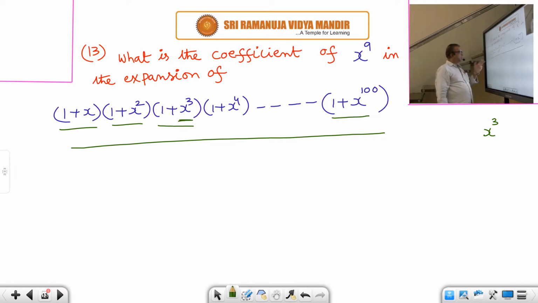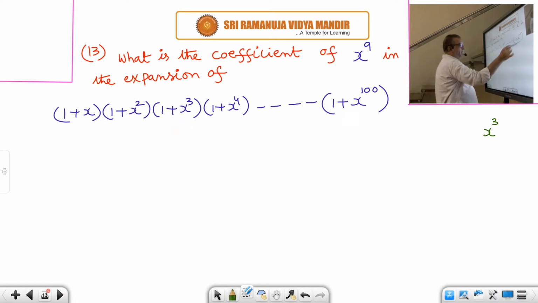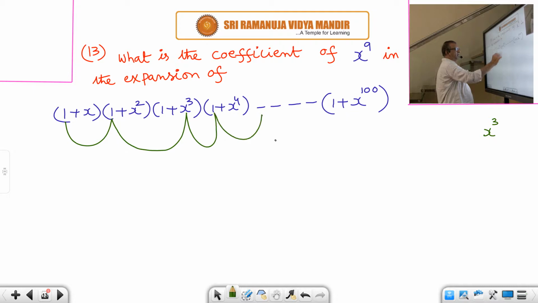There are 2 terms in each bracket, so you take one out of the 2 from all 100 brackets and multiply them. That is one term in the total expansion. For example, to get x cube, take 1 from the first bracket, 1 from the second bracket, x cube from the third bracket, then 1 from every bracket up to the last. Then you get one x cube term.